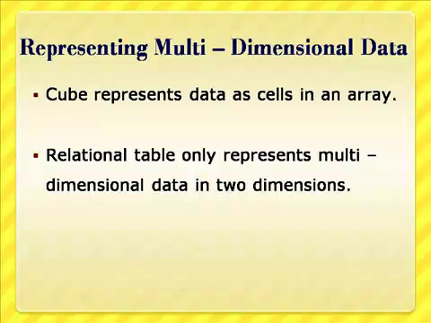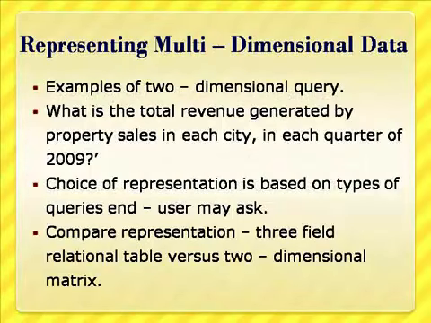Suppose we take an example of a two-dimensional array: what is the total revenue generated by property sales in each city in each quarter of 2009? If there are 4 quarters in a year, for each quarter in each city, what are the total sales? So this is a two-dimensional grid. The measure here is sales.